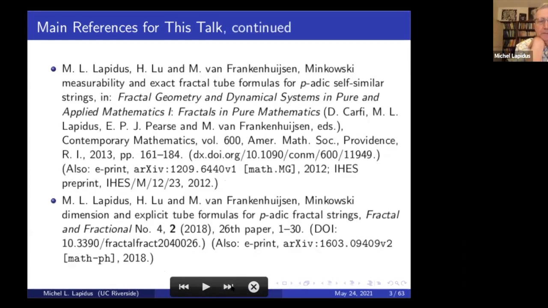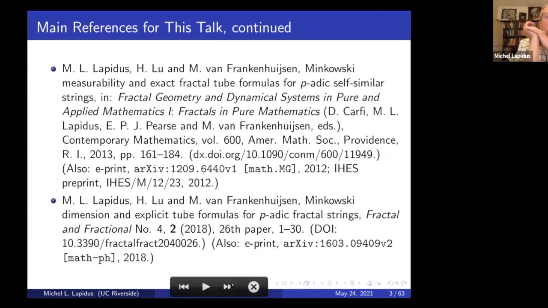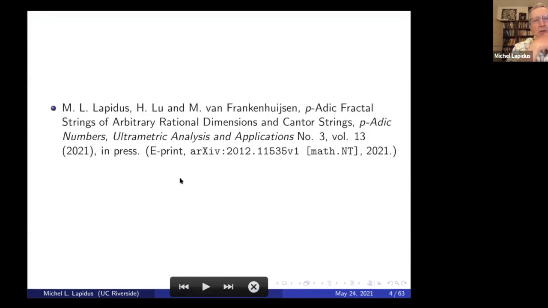And then papers joint with Michiel van Frankenhuizen again, in Contemporary Math as well. And more recently in Fractal and Fractional, as well as, although I will not talk about this particular topic, in p-Adic Numbers, Ultrametric Analysis and Applications, it's in press now. It's no longer under review, it's in press.